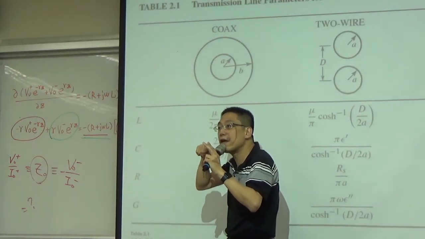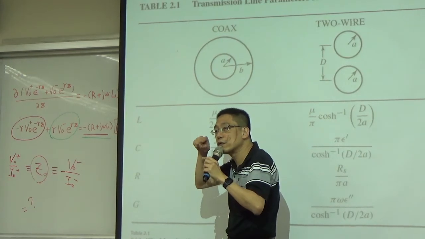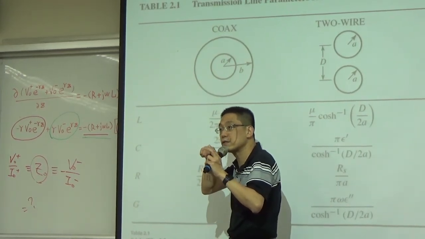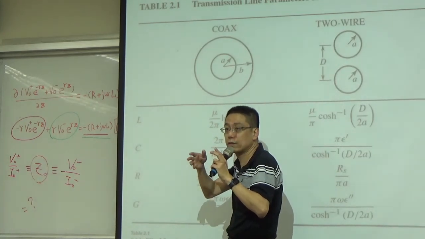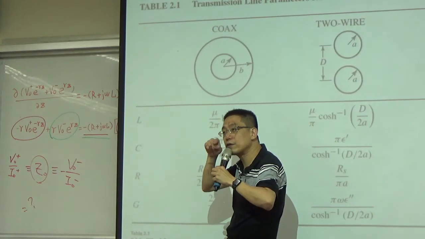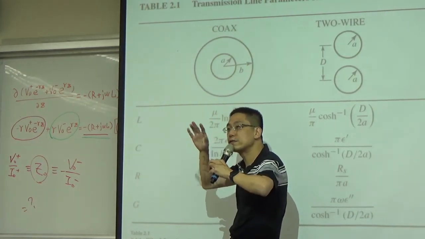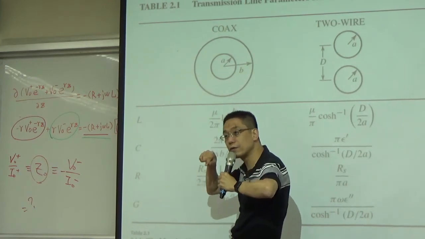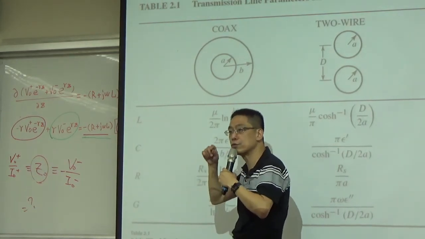If that is air, mu equals mu 0, epsilon equals epsilon 0. But if that is Teflon, it is 2 point something for the epsilon r. Epsilon becomes 2 point something times epsilon 0. And the mu, we usually use mu equals mu 0.